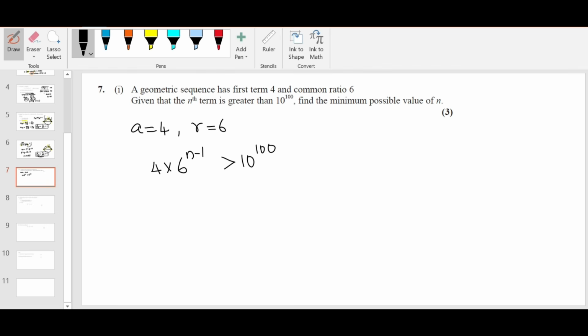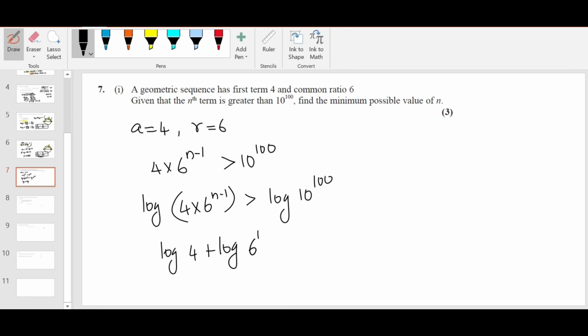You need to use logarithm to find it. So you can take logarithm both sides. Log 4 times 6 to the power n minus 1 is greater than log 10 to the power 100. You split it. Log a times b is log a plus log b is greater than this.